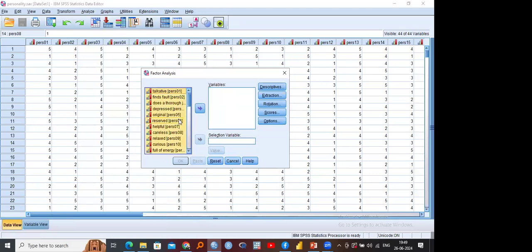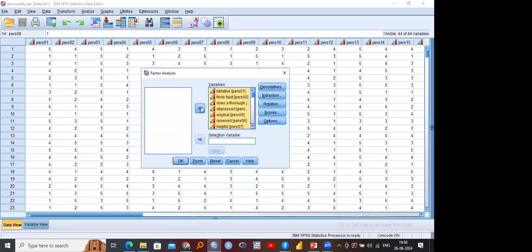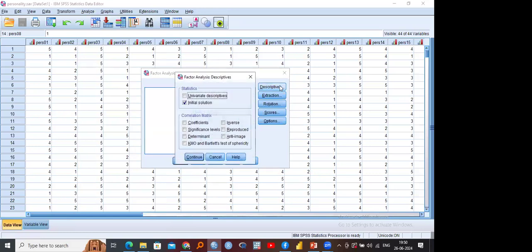Select all the variables and put them on the right. All 44 variables. Click on Descriptives. Click on Univariate Descriptives. Then click on Coefficients. Click on KMO and Bartlett's test of sphericity.